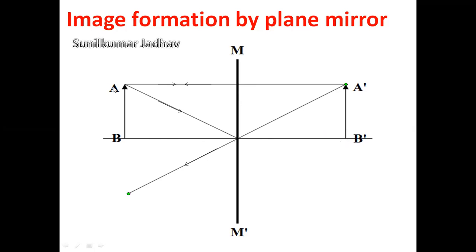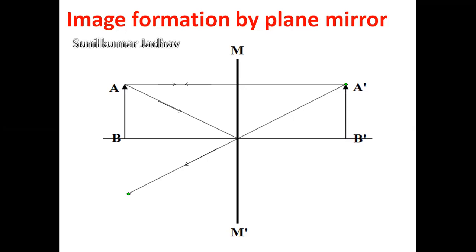So that way the image of point A is forming at A dash and image of point B is forming at B dash. And if we consider all the points in between A and B, the image of all these points is forming between A dash and B dash. I hope you understand. The object AB has been kept in front of the plane mirror and its image is forming at A dash B dash, this way.